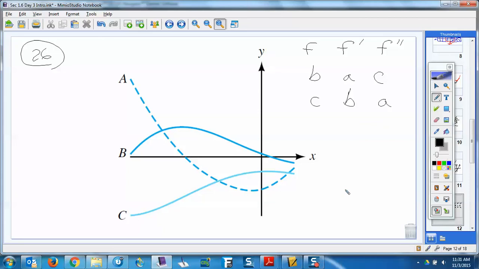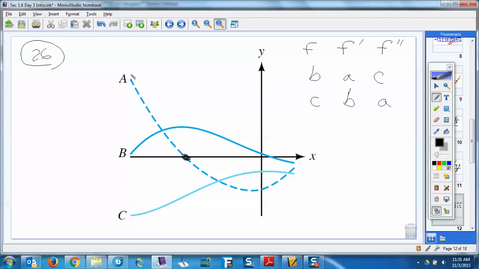Now here would have been my thought process on this. I might have come in and looked right there, thinking of the F prime middle row of the chart. And I'd be thinking, okay, if this is F prime, it's going from positive to negative, making F a local max.